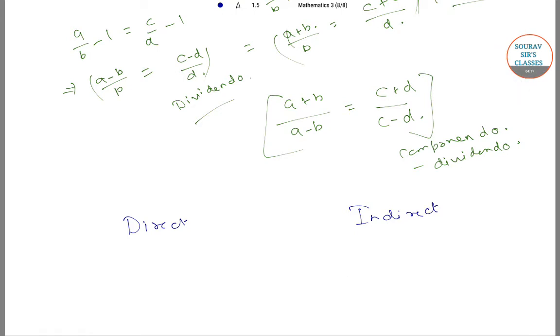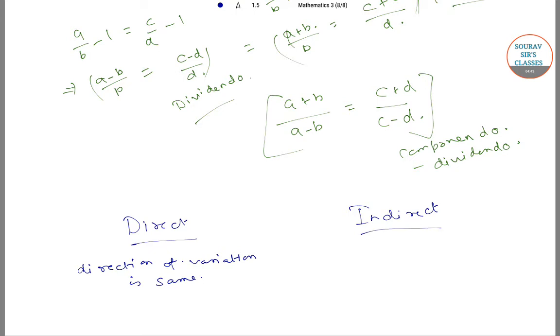The two ratios are said to be in direct proportion if and only if the direction of variation is the same, that is, increasing the value of one increases the value of the other and vice versa.